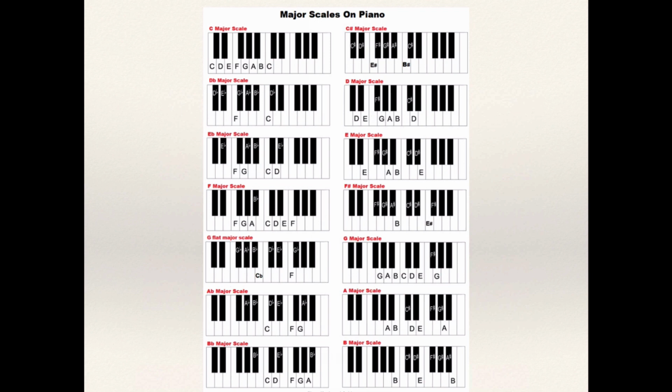When the song is going to the 5, know that you're going to the 5. When it's going to the 6, know that you're going to the 6. Do that 100 times and you'll always remember that if I'm in C, 7 is B. So know your numbers, know your scales.